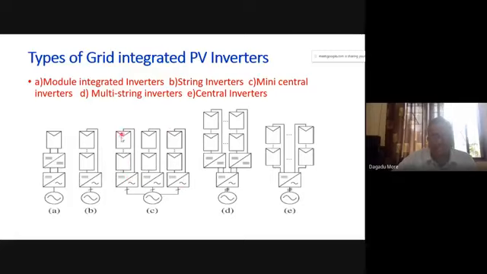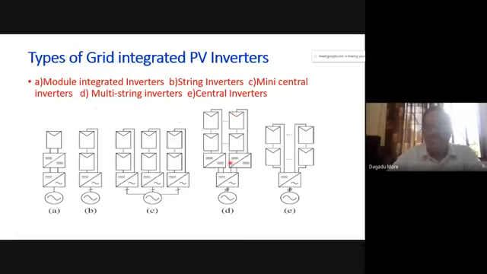One inverter is a single string inverter. Three string inverters are connected to form a three-phase system, a three-phase grid, and that is called a mini central inverter. So there will be one string for phase A, another string for phase B, and a third for phase C. That will be a mini central inverter.